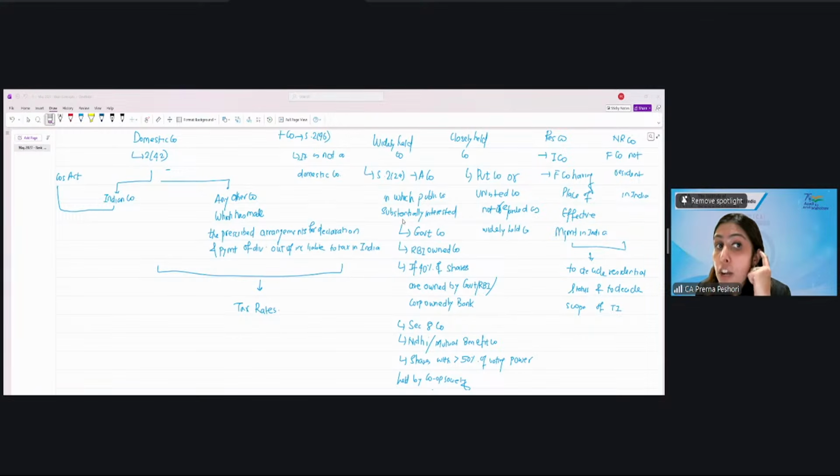Then, let's say for example, if you terminate the contract of any person, any agent, any company, and you have to give some compensation for termination, it is a capital receipt. However, the definition of income specifically considers such compensation as income.